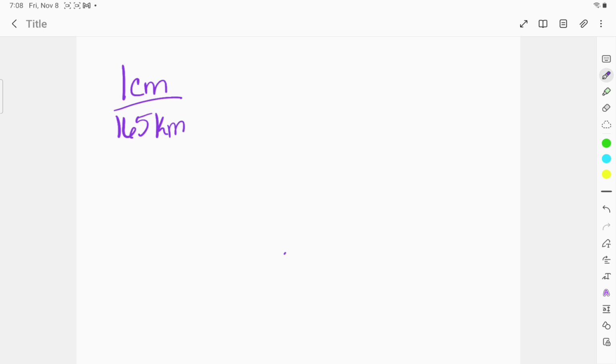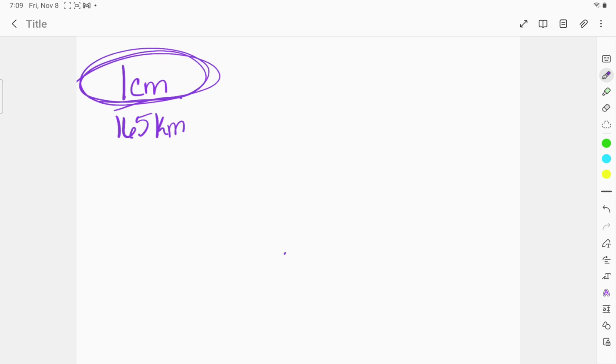So what you're going to do is look and see what distance it wants you to look at in each one of those problems. For number 1, it says Mexico City to Monterrey. So you're going to take your ruler and put it on the centimeter side. Why am I putting it on the centimeter side? Because that's what we're looking for.